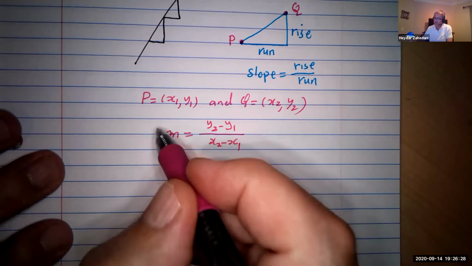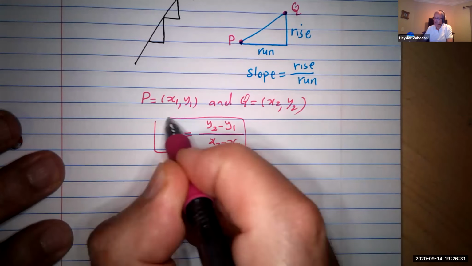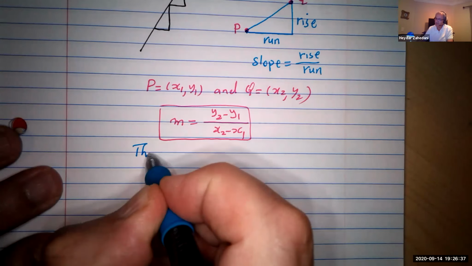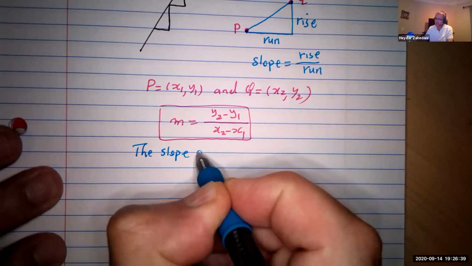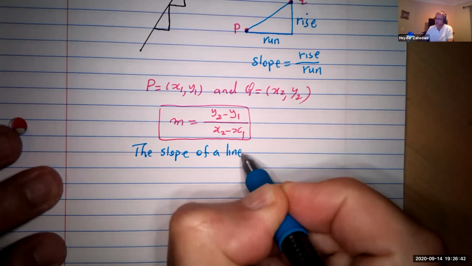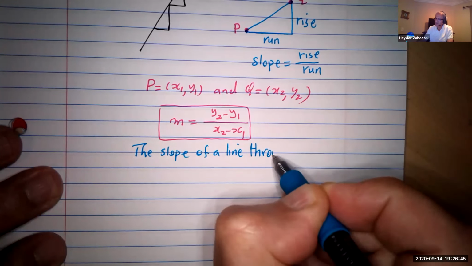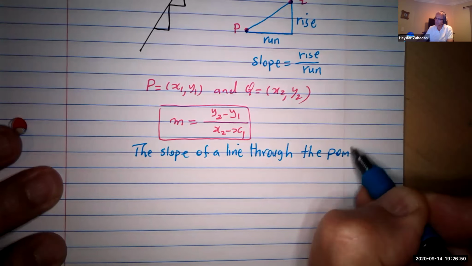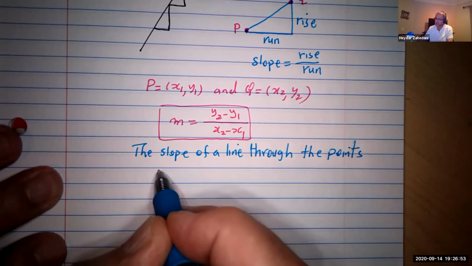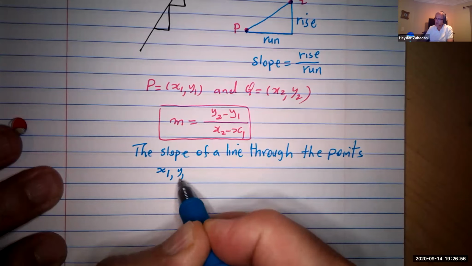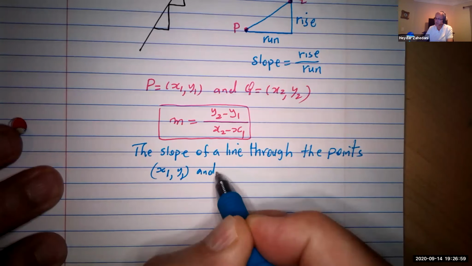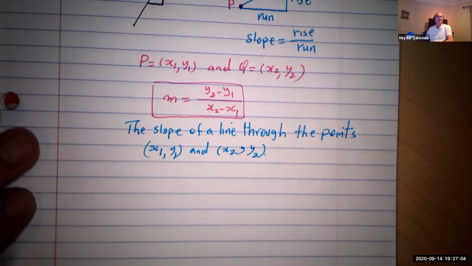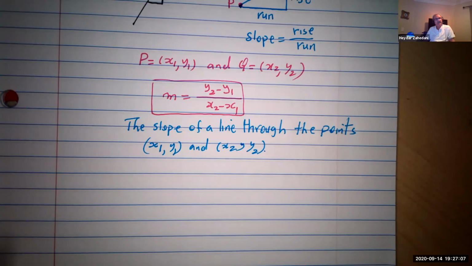This is the slope of the line through two points, x1 comma y1 and x2 comma y2. We're going to work with this formula quite a lot later on.